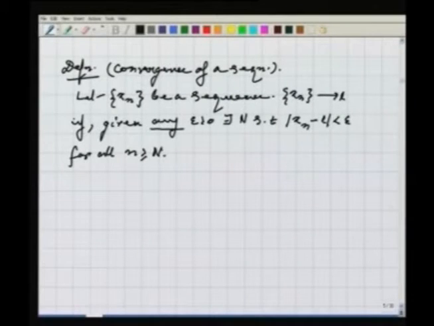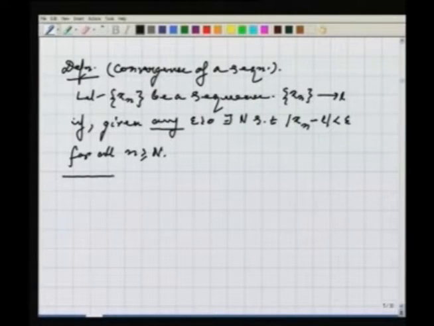Well, it sounds pretty technical. We need to understand what it exactly means. Let us start by thinking first about the inequality which I have here. What does this exactly mean?